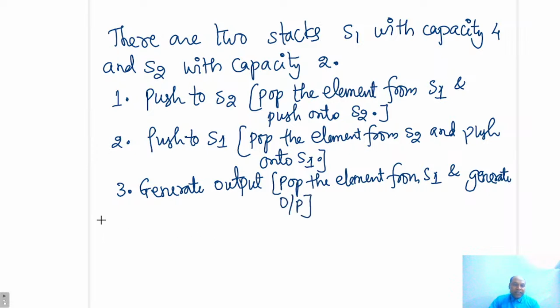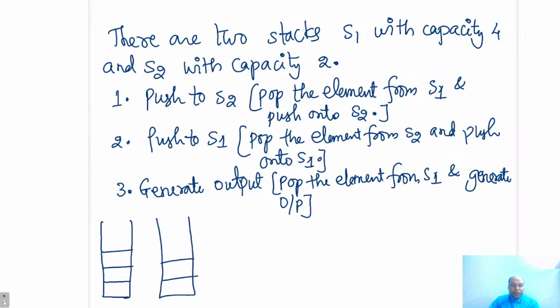So let's take the content of S1 as 1, 2, 3 and 4, okay, and S2 only 2 elements are there. So let's have 100, 200, 300, 400, okay. This one is S1, this one is S2.